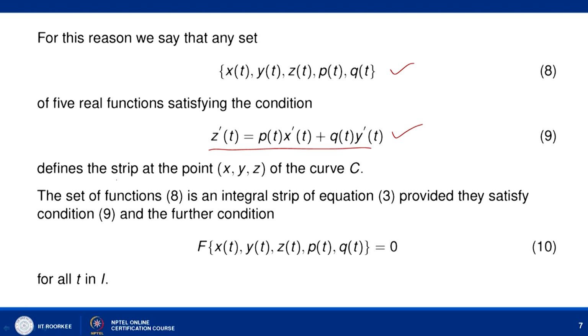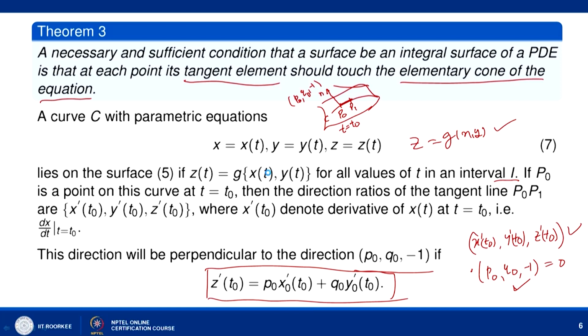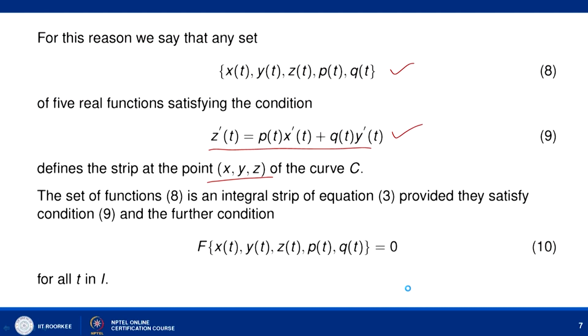We say that it defines the strip at the point x, y, z of the curve C. So, if p naught p1 satisfies this condition, then x naught, y naught, z naught, p naught, q naught as functions of t define a strip, right. So, any such functions which satisfy this orthogonality condition, we call a strip at p naught, right.